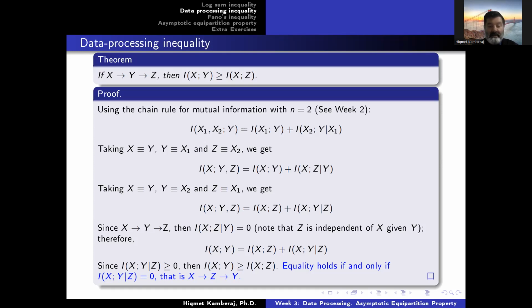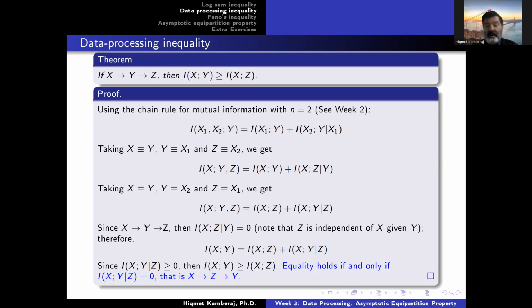Therefore, the mutual information between x and y is equal to the mutual information between x and z plus the mutual information between x and y given z. Now, since the mutual information between x and y given z is non-negative, this implies that the mutual information between x and y is greater than or equal to the mutual information between x and z, what we wanted to show.